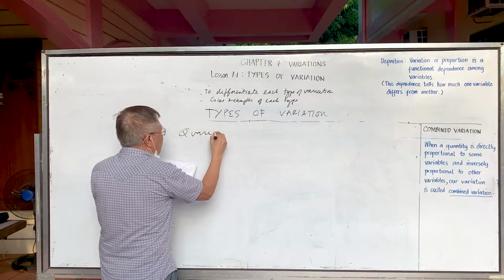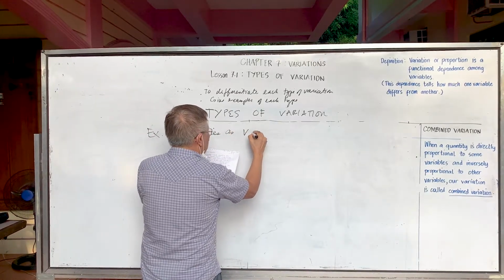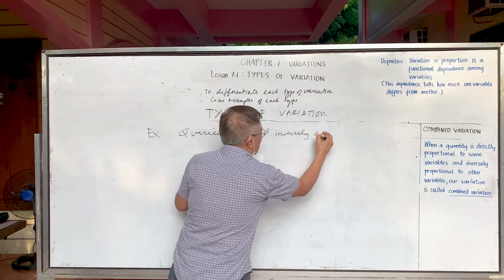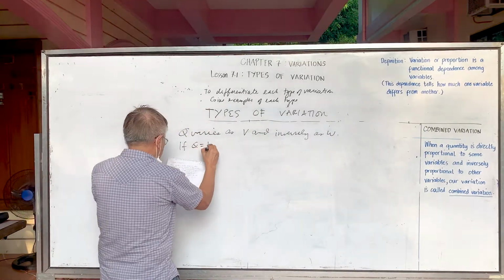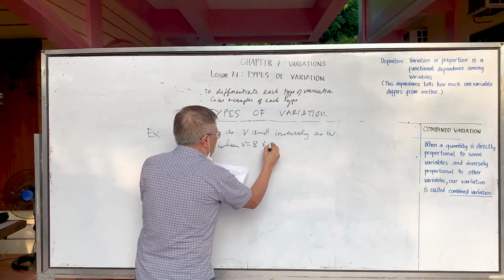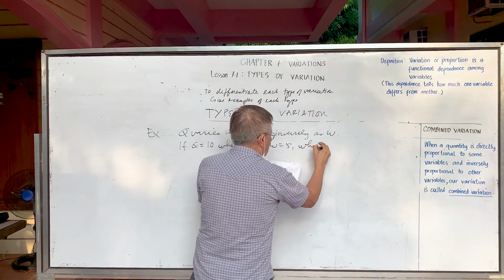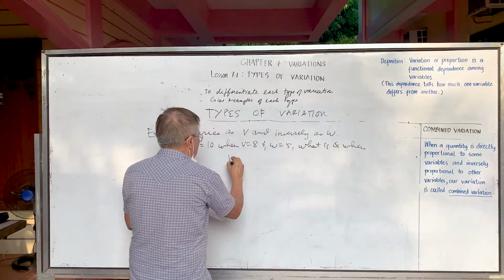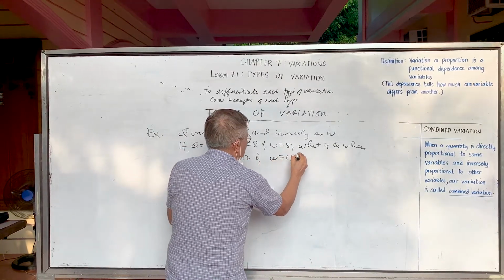Q varies as V and inversely as W. If Q equals 10 when V equals 8 and W equals 5, what is Q when V equals 12 and W equals 15?